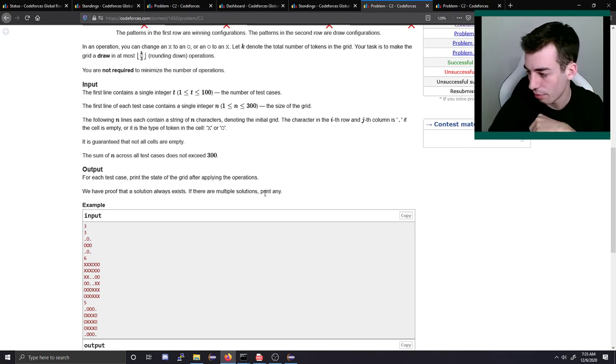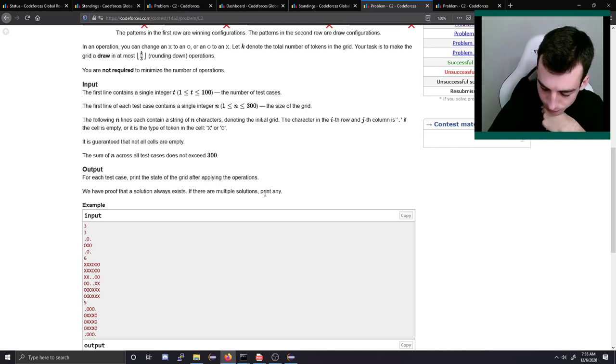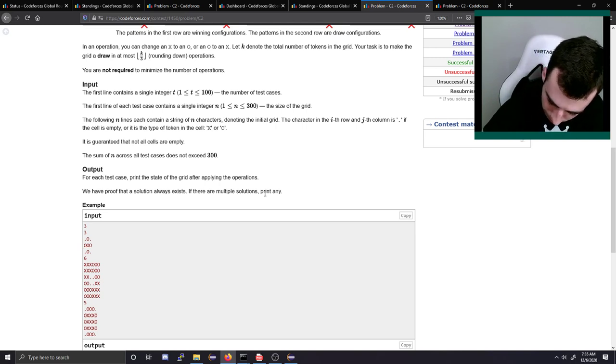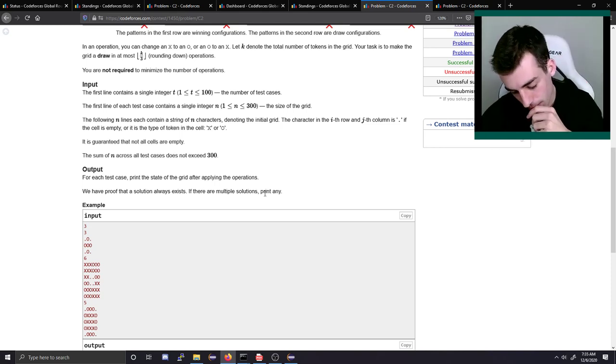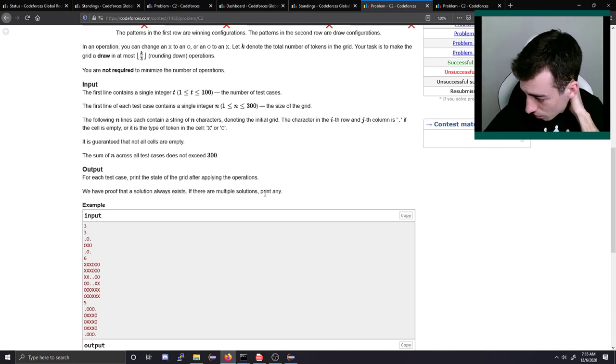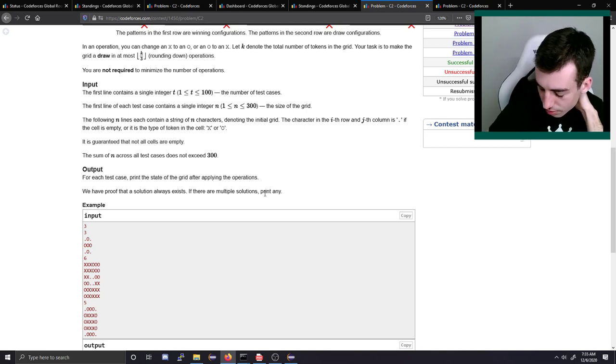If we lock 1/3 of them, then we get to change one of these two. So if two things are the same, like if you have 3 in a row, oh, this doesn't work though.